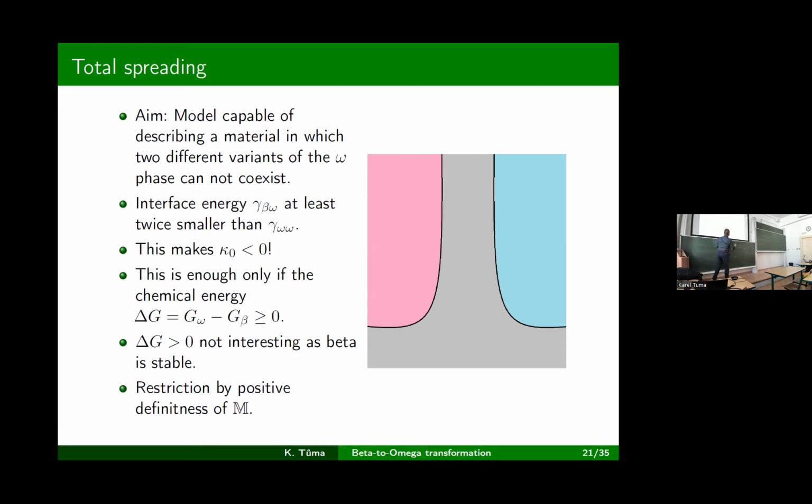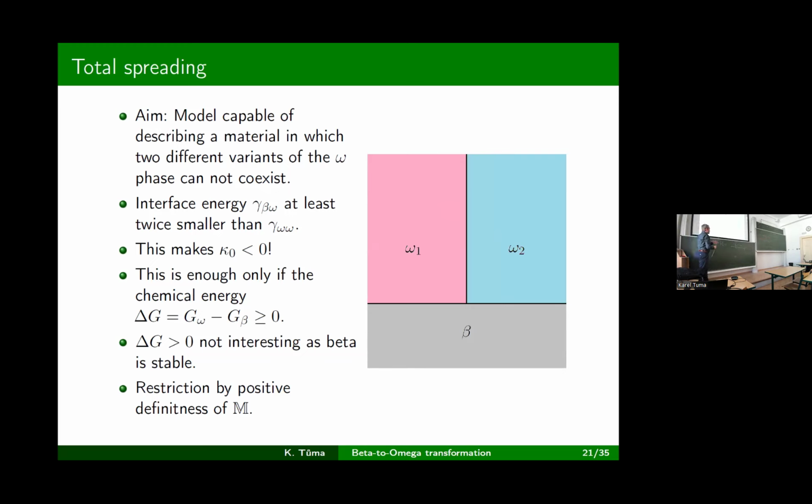And here, as you can see in the animation, at the beginning we have 2 variants of omega, omega 1 and omega 2. And here is the beta phase. We never want 2 omegas to be in contact, because on the atomistic level, it just does not fit. So the atoms transform in a bad way. In fact, we want it to be energetically more preferable to put beta phase between the different variants of omega. So how to do it?